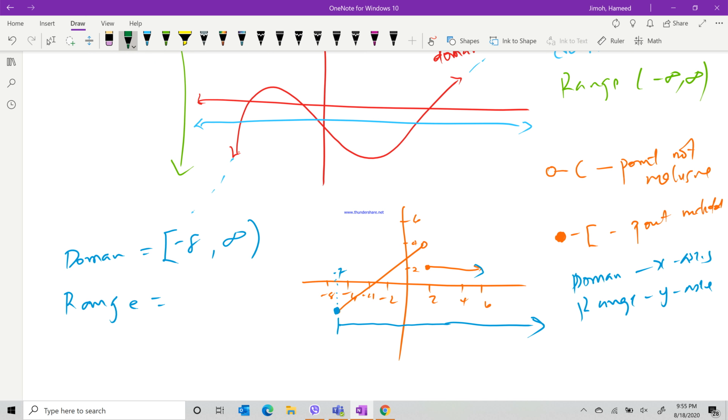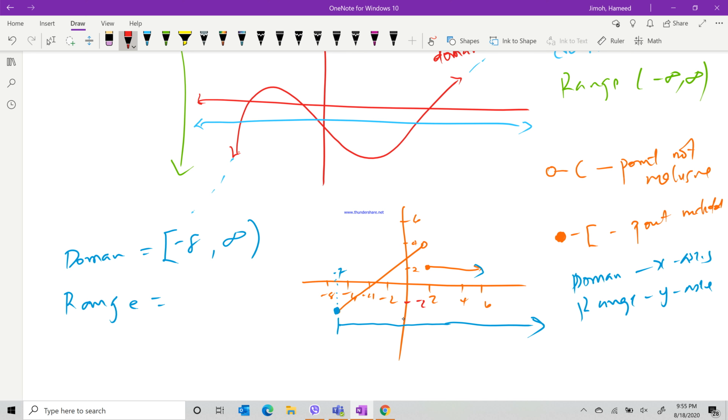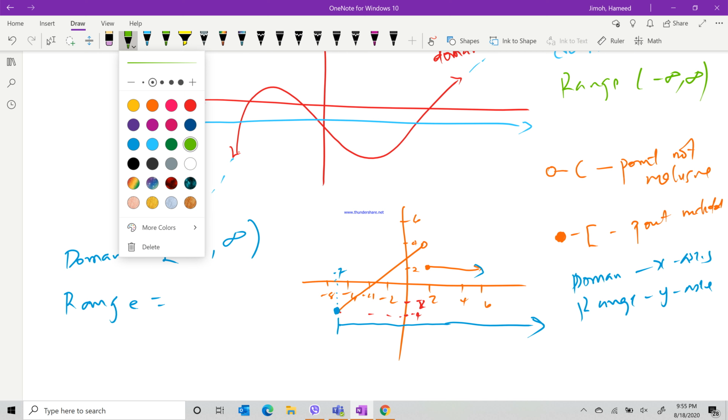Now, looking at this, something is missing. I'm supposed to have some values for the y-axis. So let's say this is -2, and I'm going to assume this is -4, just because I want to have a graph. Again, I want to get the range, which is all the possible y values.